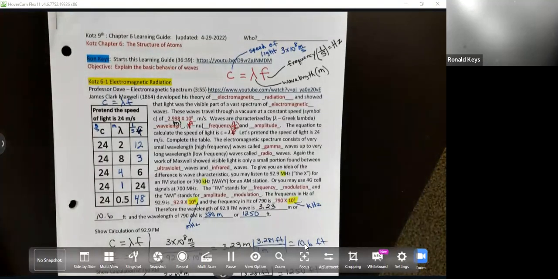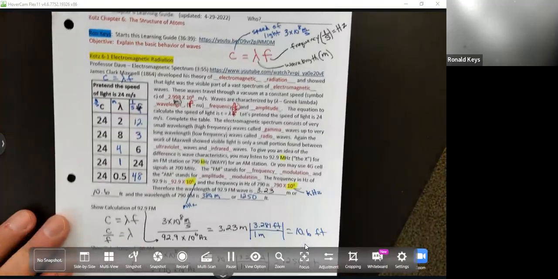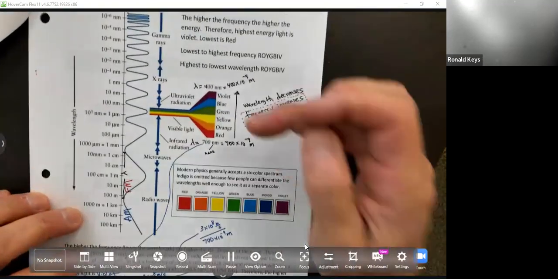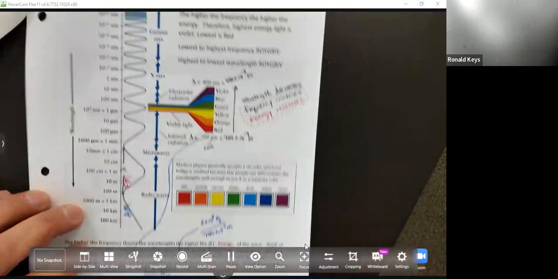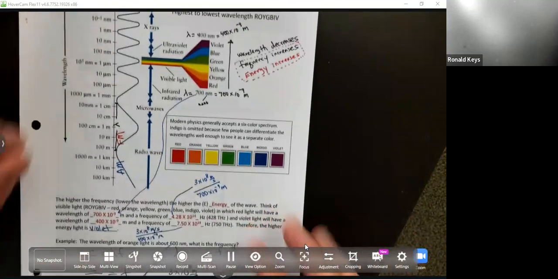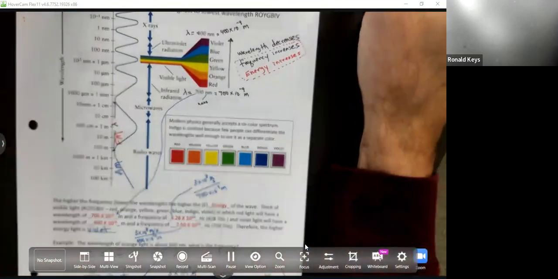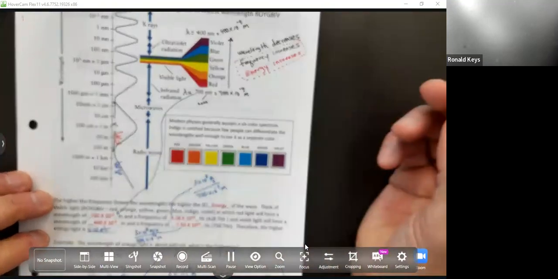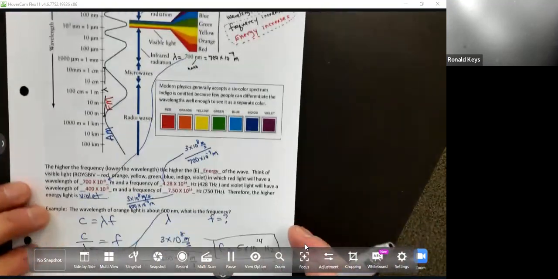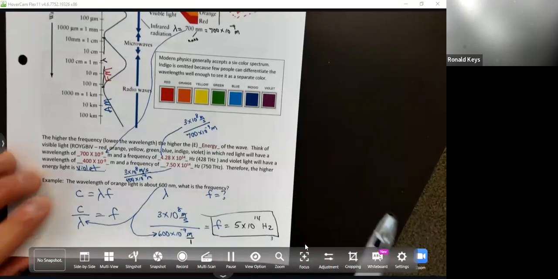Okay, let's review what we talked about so far. We are doing electromagnetic radiation, and we know visible light is a very, very short part of that electromagnetic radiation. We calculated the wavelength of AM versus FM radio, and we did some calculations.